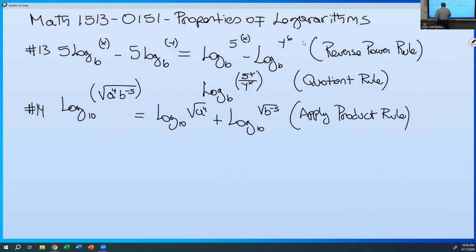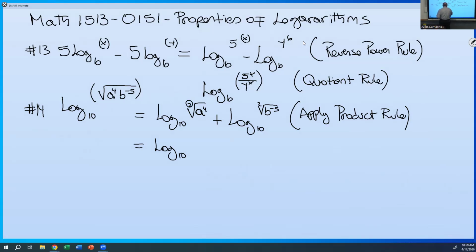Now we can convert these radical exponents to exponential form. So you have a log base 10 and a to the 4. Remember, there is a square root here. We never put the 2, but there is a 2 there. And we always said when we convert from radical to exponential, the exponent to which the radicand is raised is the numerator, and the index always will be the denominator.